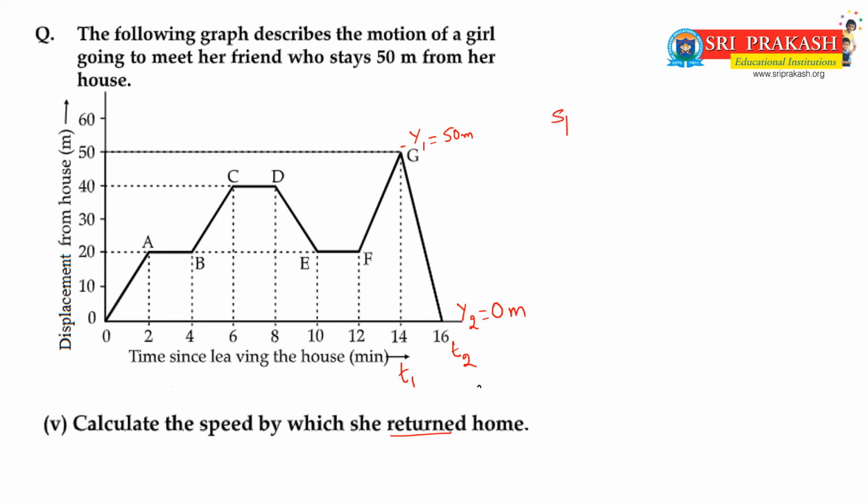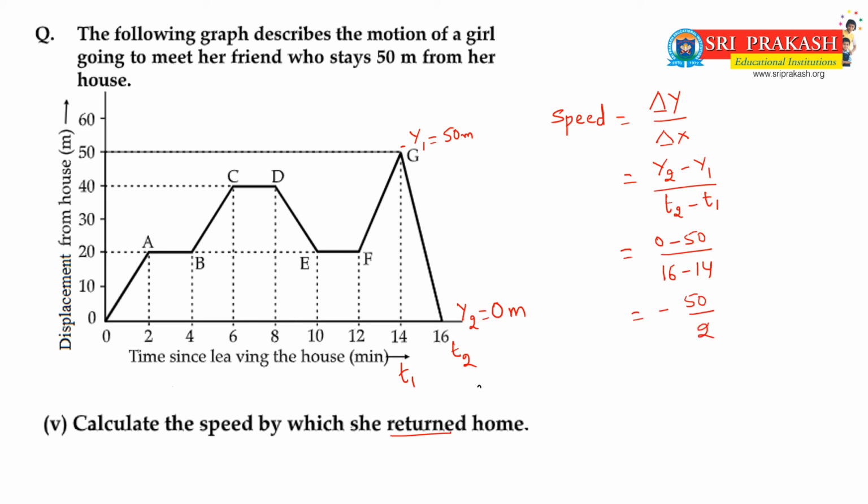We can calculate the speed from the displacement time graph by finding the slope. You already know that to find the slope we use the formula change in y-axis by change in x-axis. So final minus initial: y2 minus y1 over t2 minus t1 on the time axis. Substituting the values: 0 minus 50 over 16 minutes minus 14, so you have minus 50 in the numerator and 2 minutes in the denominator.